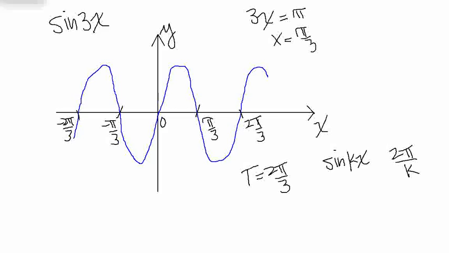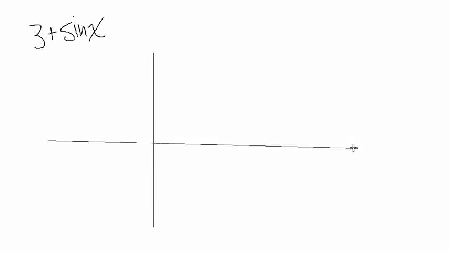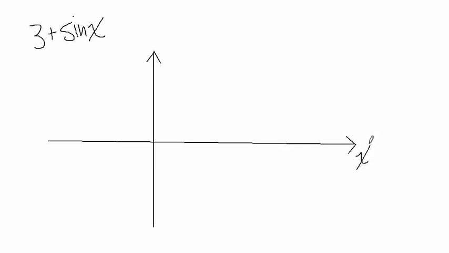Okay? And then one more example regarding sine. The sine of x plus 3. Let me put the 3 on the left side. So what would that graph look like? The effect of adding 3 to a function like that is to shift the graph vertically.